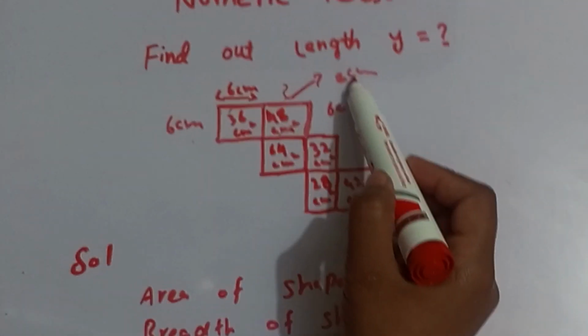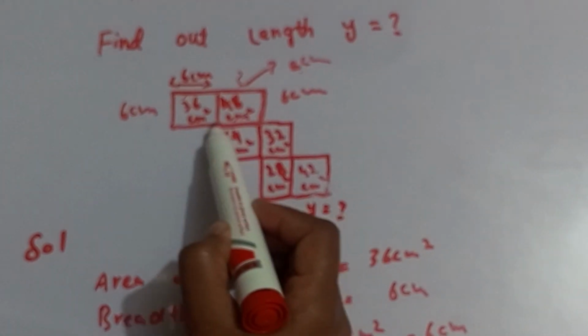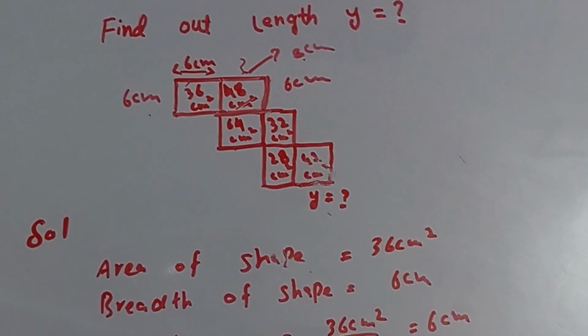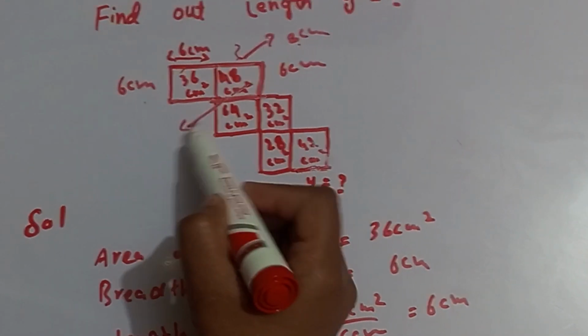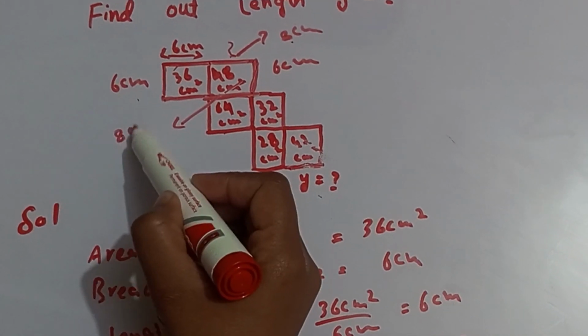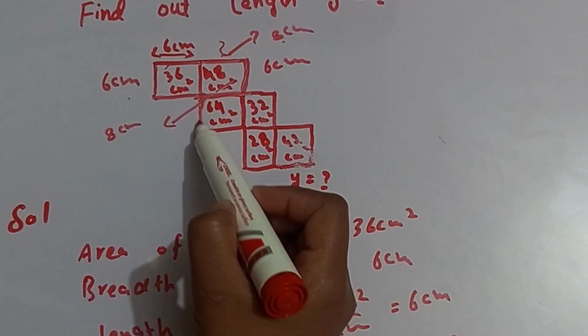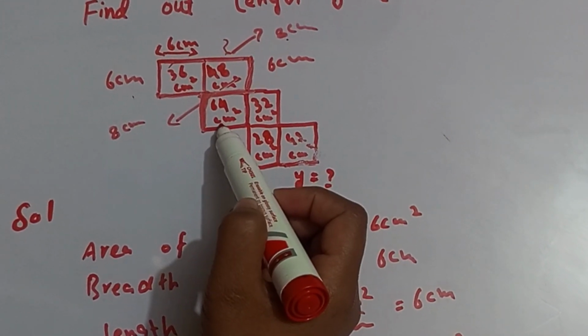If this one is 8 centimeter, this one is also 8 centimeter, because this and this side are opposite sides of the rectangle. So this side is 8 centimeter. We need the length of this side, and the area is given, which is 64 centimeter square.